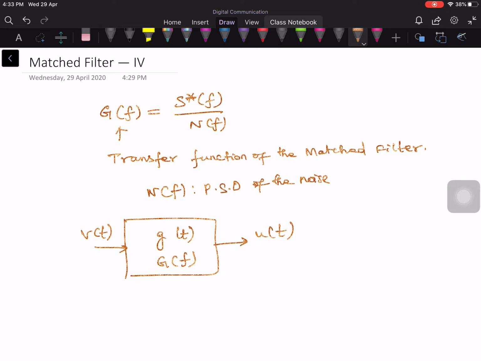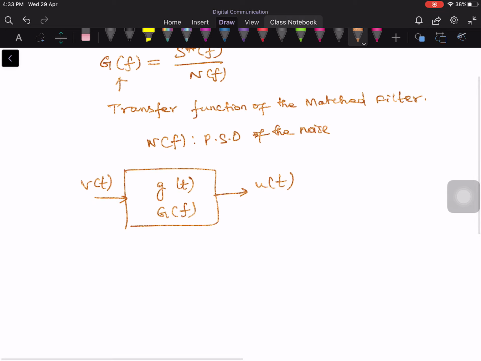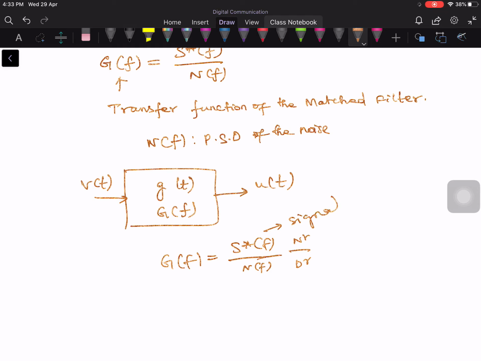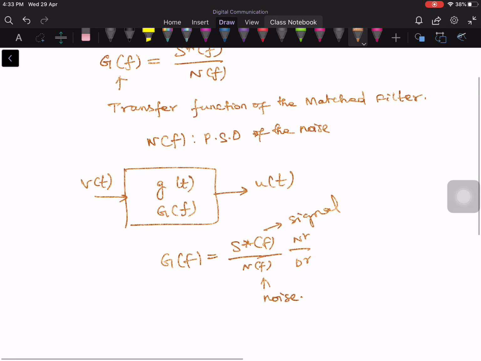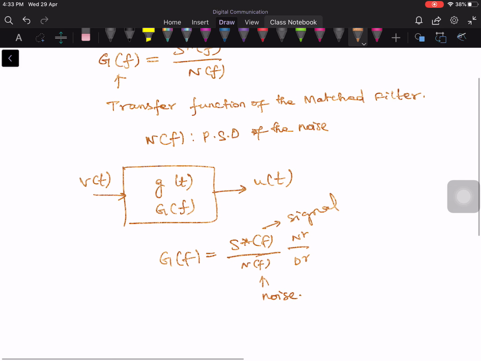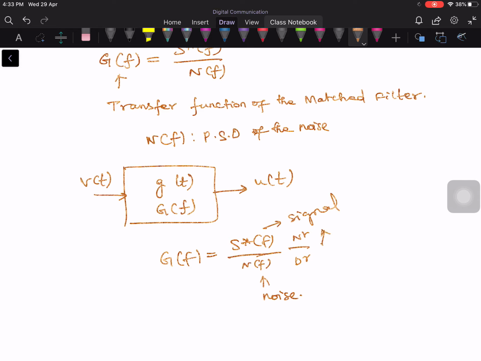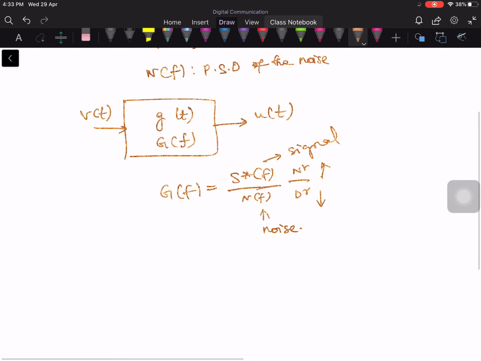Basically what you notice is that the transfer function is given as G(f) equal to S conjugate of f divided by N(f). You have two functions, one in the numerator and another in the denominator. This is from the signal and this is coming from the noise. So the transfer function will have large values when the numerator is large, and less value when the denominator is high.